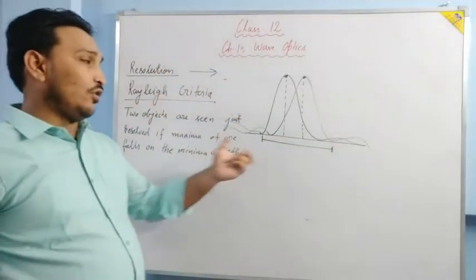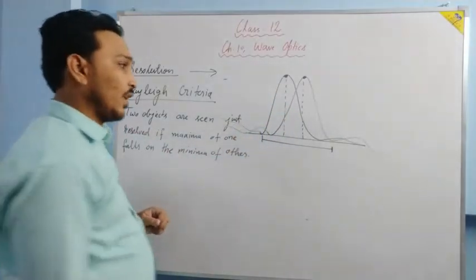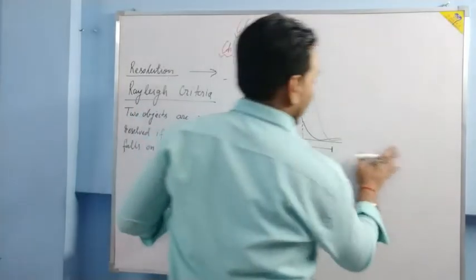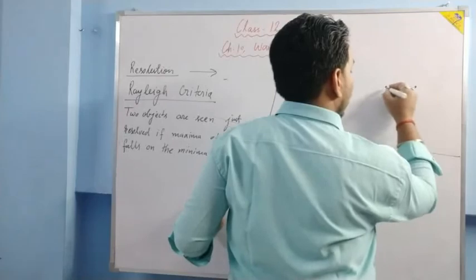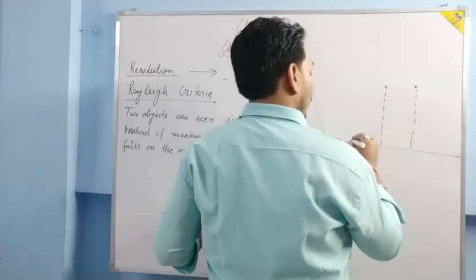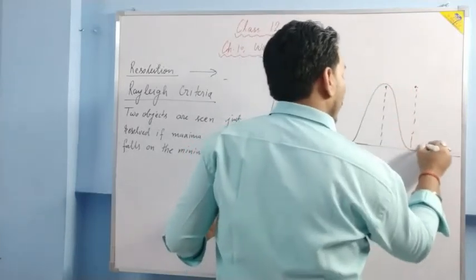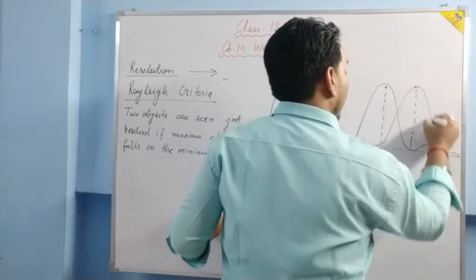So there, the human eye cannot see these two objects separated. This is the not resolved condition. Rayleigh says that two objects are just seen separated if the maxima of one falls at the minima of the other.